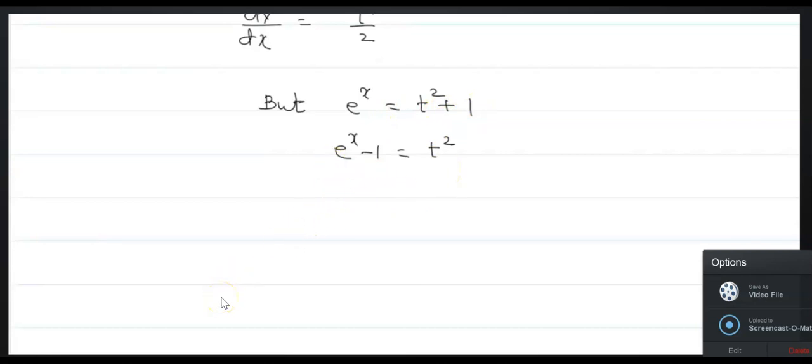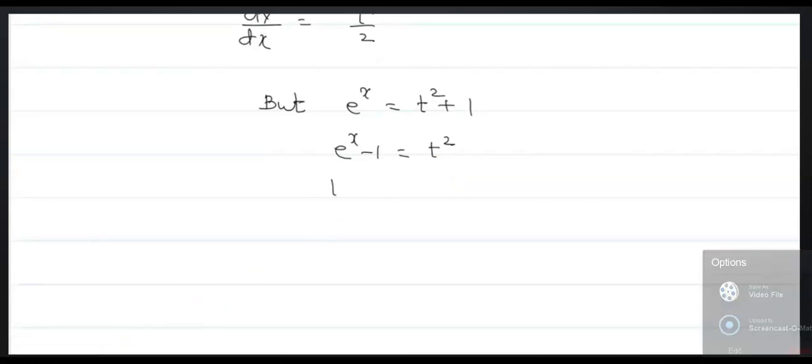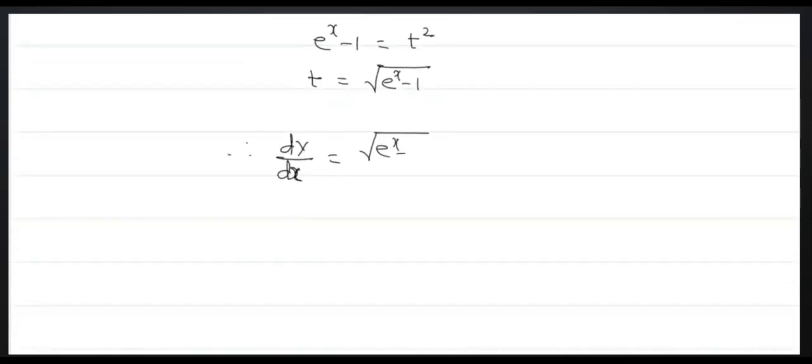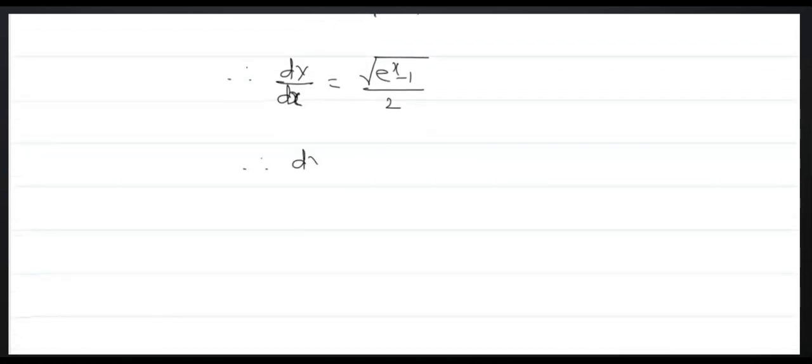Therefore, t is equal to root of e raised to x minus 1, and our answer is dy by dx is equal to t by 2. Substitute the value of t: this is dy by dx, root of e raised to x minus 1 upon 2.